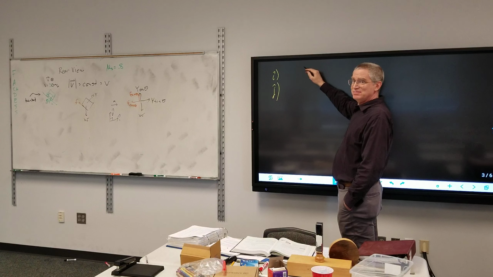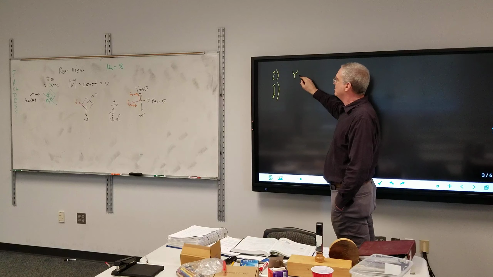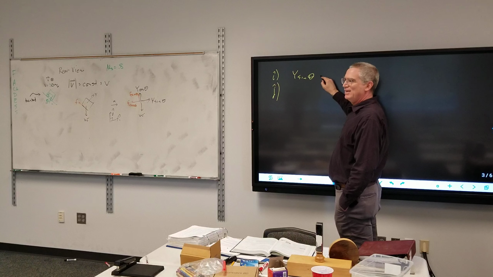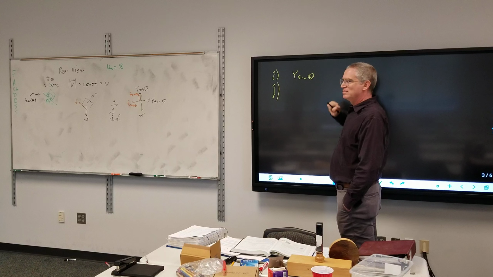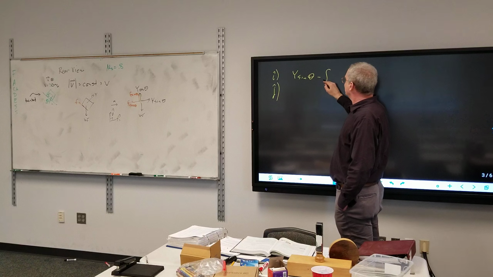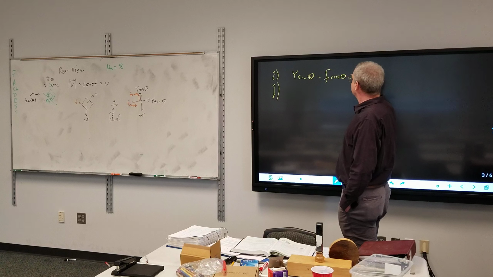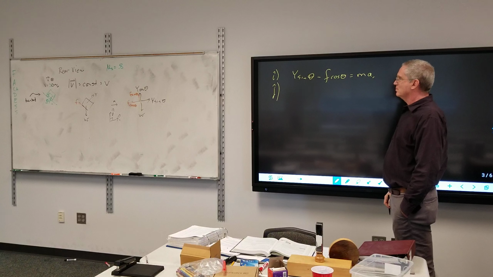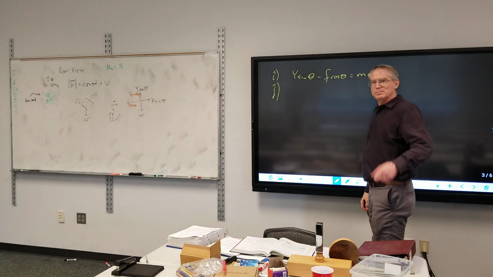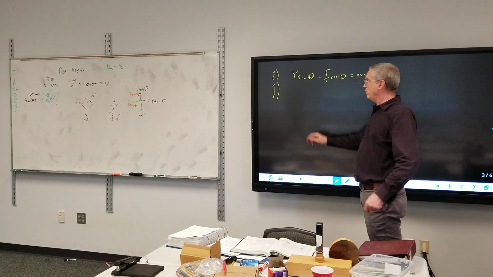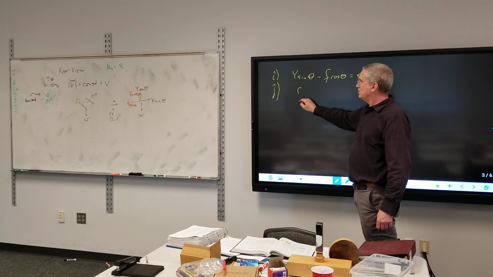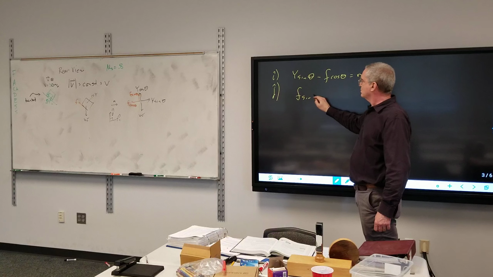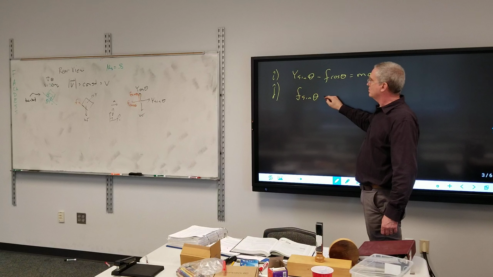Is it N sine theta is equal to N A minus F cosine theta? And the other one? James, you gonna go for it? F sine theta minus N cosine theta?